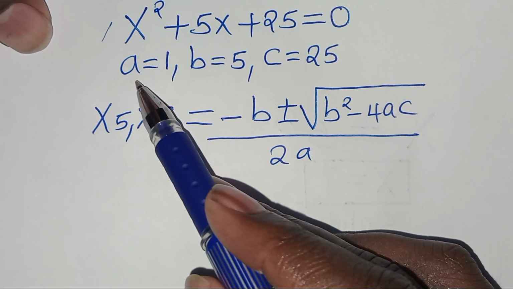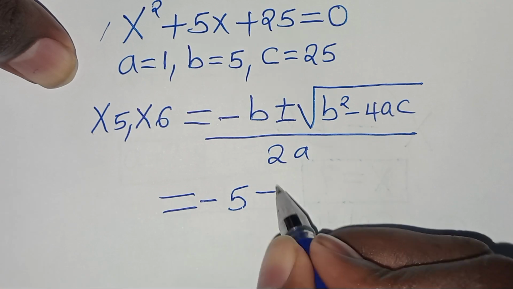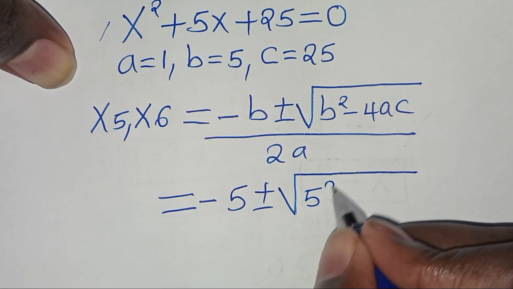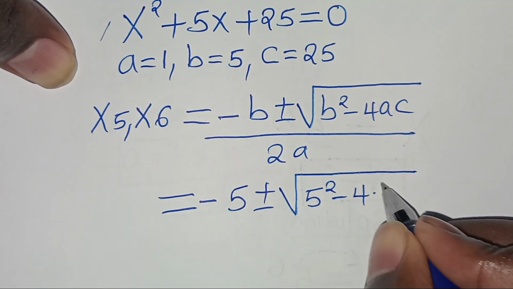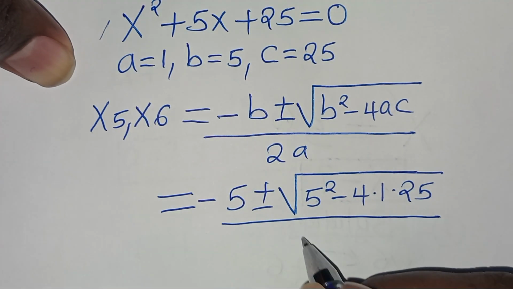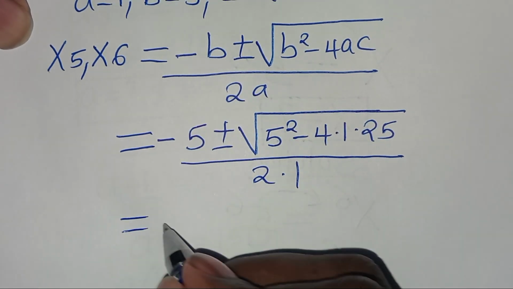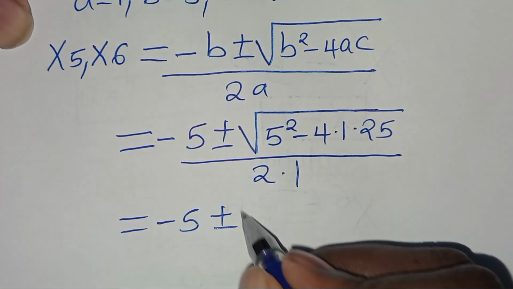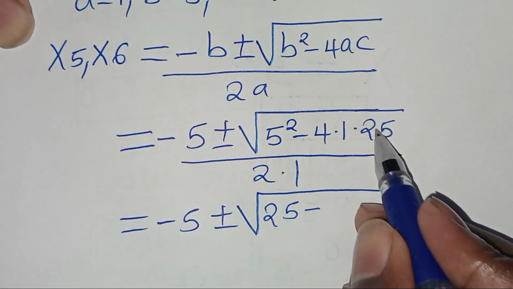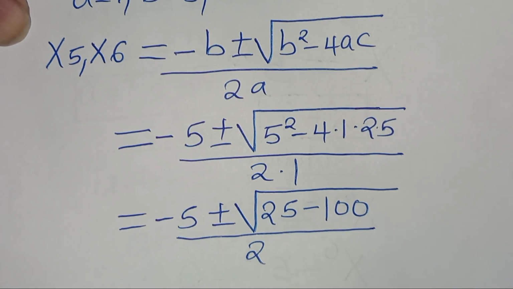Now substituting the values of a, b, and c from here, so we have that this is minus 5 plus or minus the square root of b squared, this is 5 squared minus 4 times a, which is 1, then times c, which is 25, everything here divided by 2 times 1. The next step from here, we have minus 5 plus or minus the square root of 5 squared, this is 25, minus 25 times 4, which is 100, everything here divided by 2.